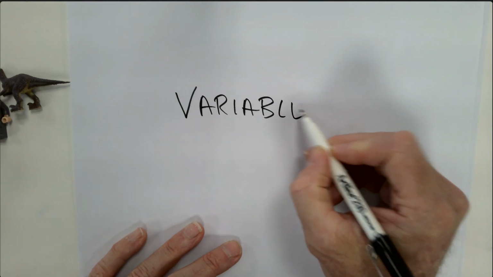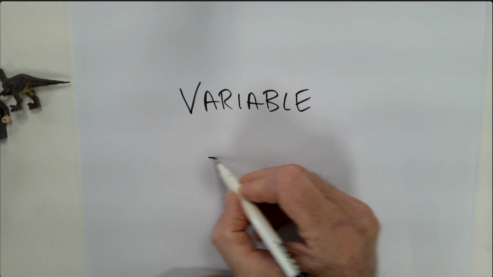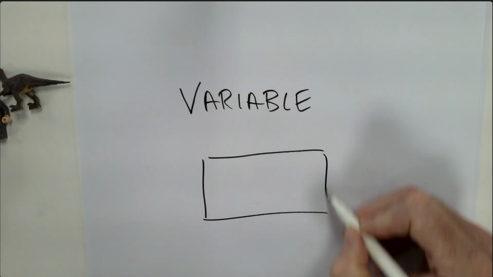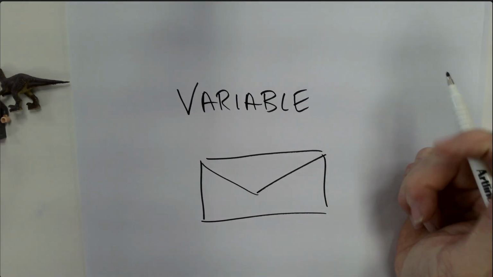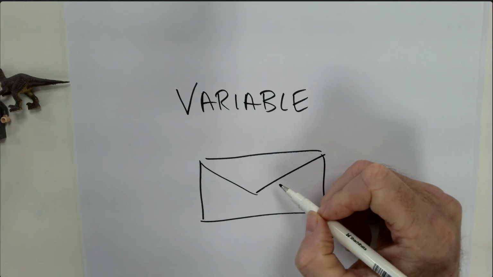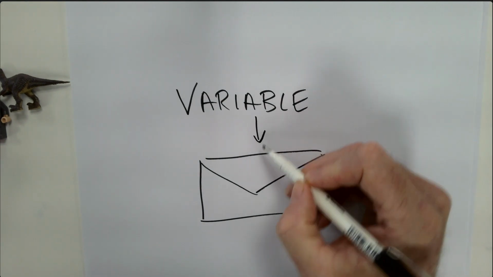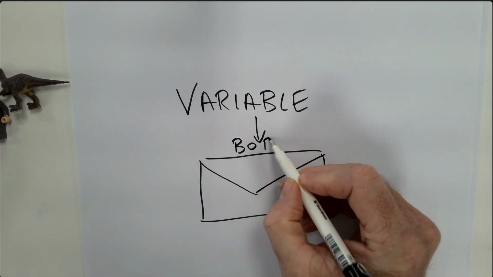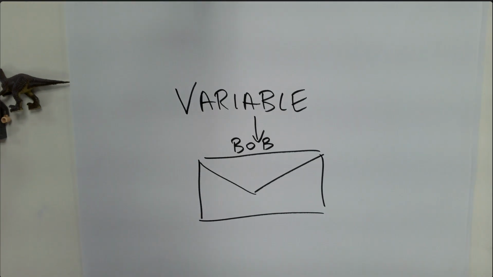Variables are like an envelope, like the ones you get letters in, old day stuff. In that envelope, we can name it something. So if we name this envelope Bob, you can name it anything you want. And in that envelope we can store stuff, like numbers.